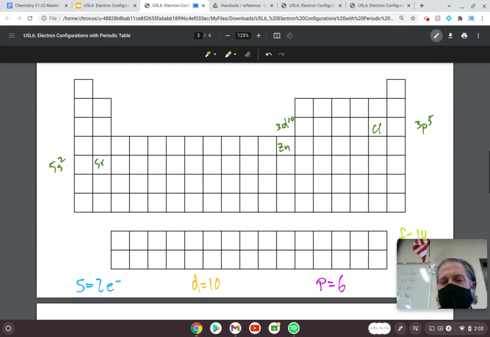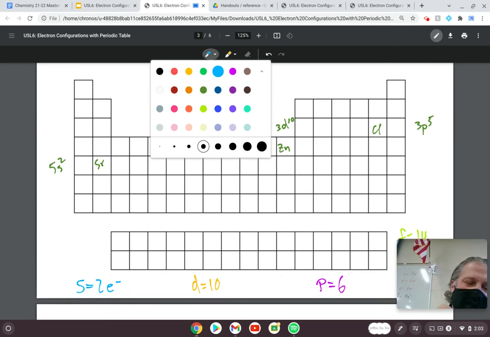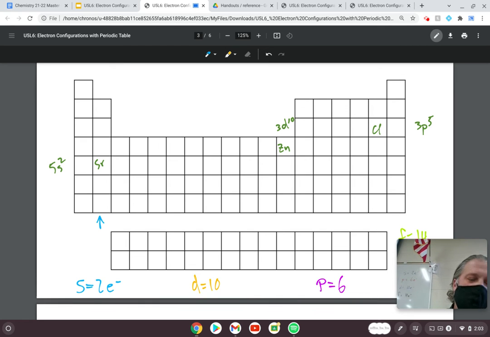Now, here's the beautiful thing about the periodic table. Everything that is in this column right here will end its electron configuration with something S2. And everything that's in this column right here will end its electron configuration with something S1.